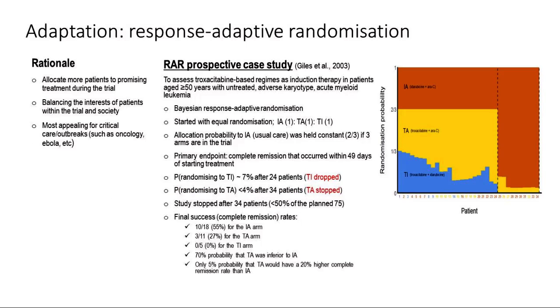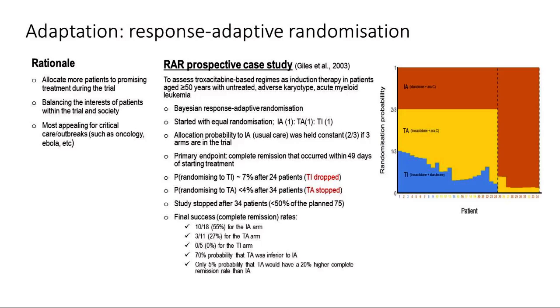Well, I think the basic thing is that you want to change the randomization based on the incoming results and increase the chances of allocating incoming patients to treatments which are performing better. Right. So in this case, the treatment which was performing better was the IA treatment, which is the control. Right. So you can see the probability of the TI was going down because patients were not responding to treatment.